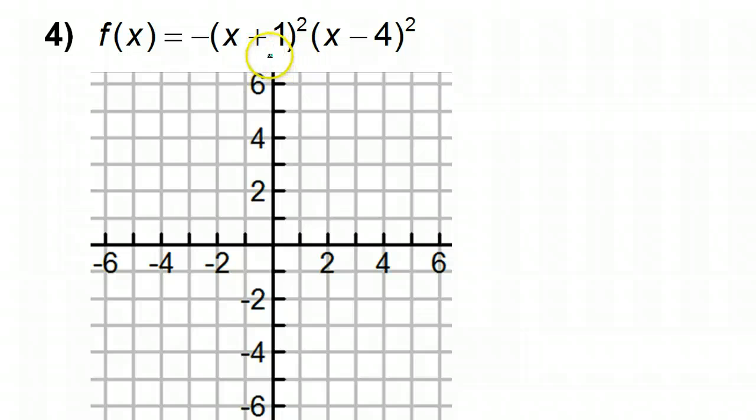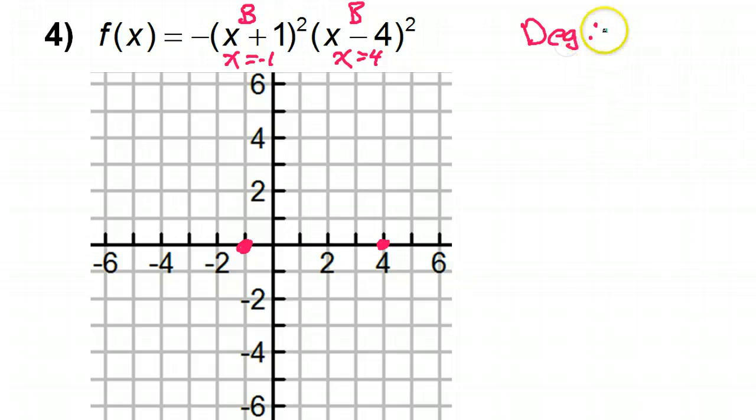Alright, number 4. Okay, so we'll have a 0 at x equals negative 1, and we'll have a 0 at x equals positive 4. Alright, and this is going to be a bounce and another bounce. Okay? So this is degree 4, alright, 2, 4.